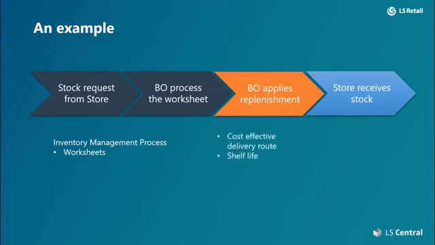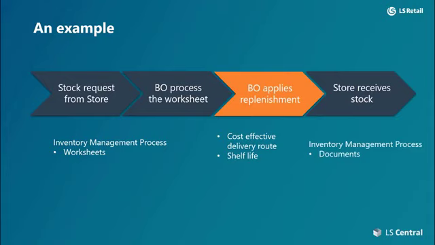Actions here could be either calculating the most cost-effective delivery route for that stock request or applying certain calculations in order to deliver the goods at the right time. For example, certain goods may have a shorter shelf life. And finally, the last item highlighted will also be part of inventory management because here the store will need to process the retail receiving document. Again, this can be done manually or with the help of the mobile inventory app.